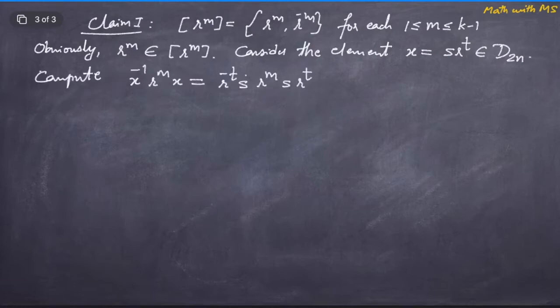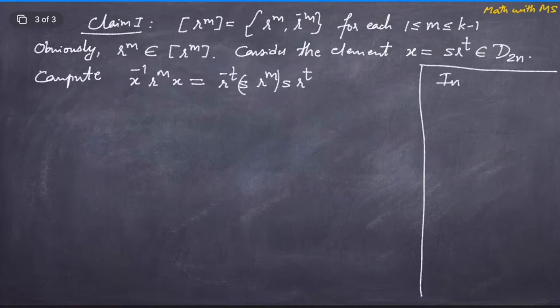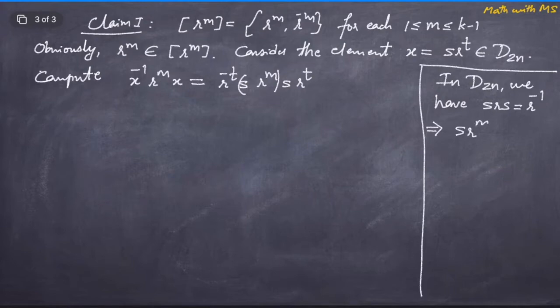We club s and R to the power m together. In D2n we have SRS equals R inverse. This implies that S R to the power m S is the same as (SRS) whole to the power m.